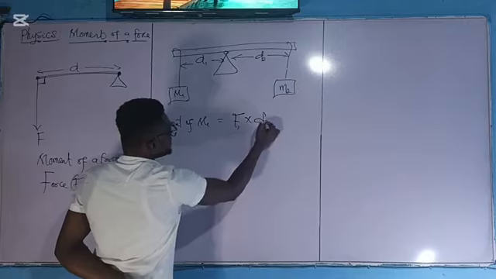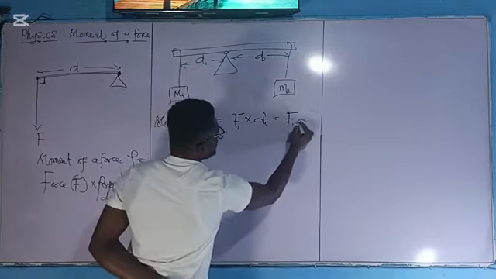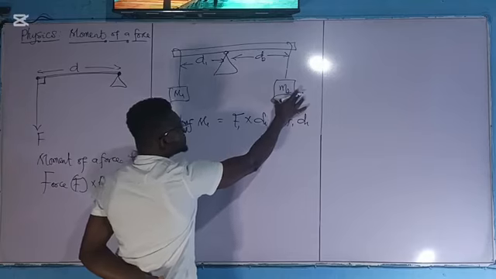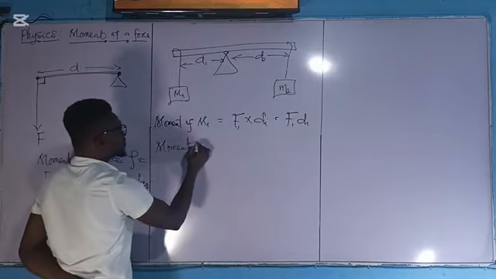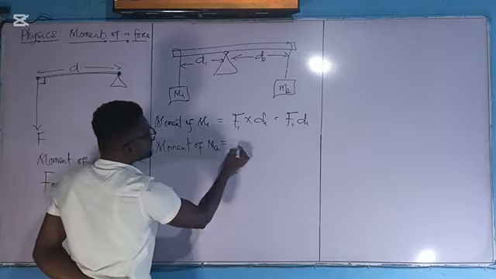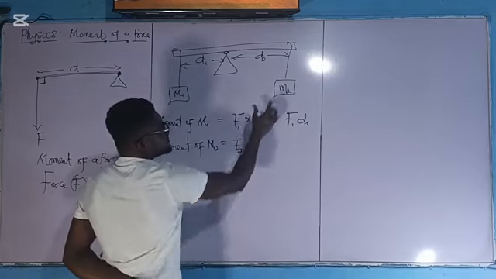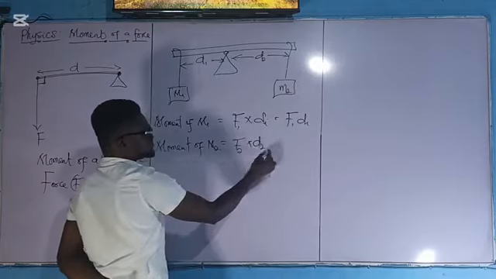The distance of it, which will give F1 D1. Then we also take the moment of M2. The moment of M2 will now be the force of that body here times the distance of it, which will give F2 D2.